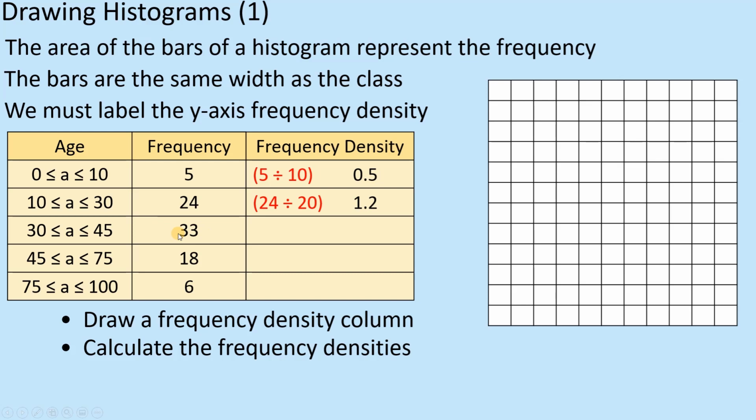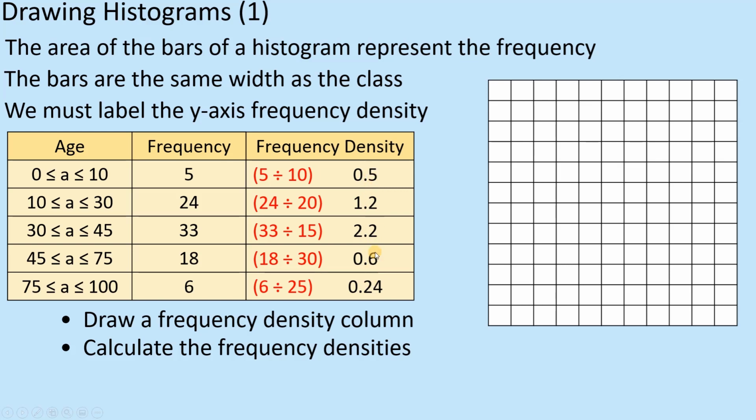Here we're going to do 33 divided by 15, which is 2.2, and then 18 divided by 30, that's the class width there, it's going to be 0.6, and then finally 6 divided by 25, which is 0.24. So these values over here are the heights of your histogram.